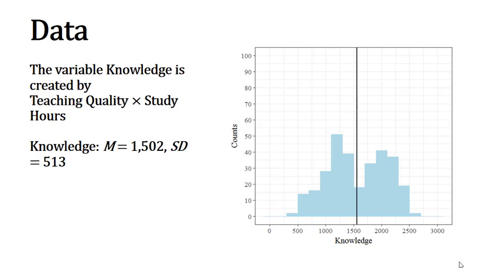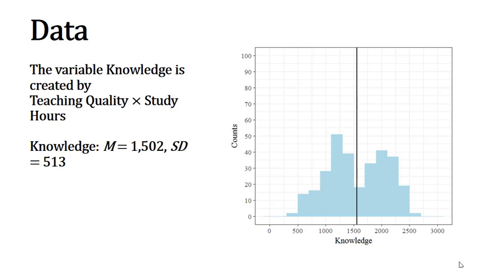Okay, so if you think about it, because we are multiplying, if you have high values of teaching quality and low values of study hours, it won't be as good as having medium values of both. So that's what a multiplication between the two variables achieves.